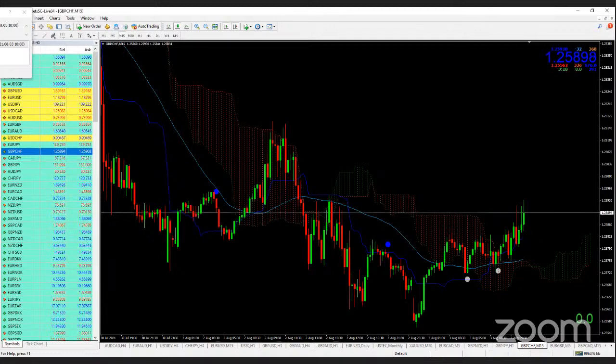I definitely have my eye on pound CHF. I've been watching it for some days. We do have a bullish harmonic pattern on the pound CHF.